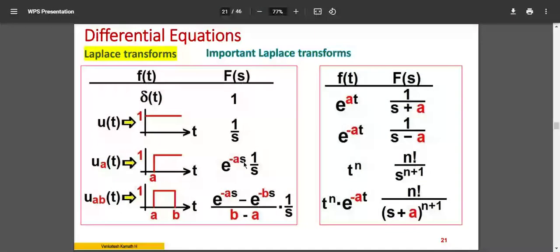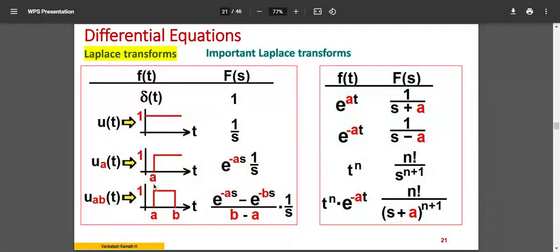It's not simply e power s, it is minus a s. Why? It is increasing, and it is always exactly the other way around. If it is increasing, it will be minus a. So e power minus a s into 1 by s, because it is going continuously after some time. This 1 by s has come over here. After some time, it is increasing because of that exponential term.